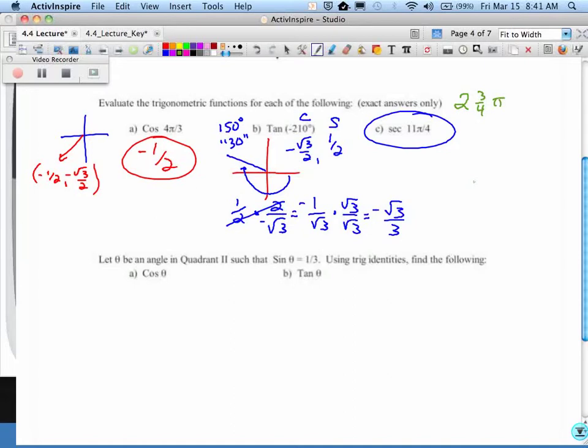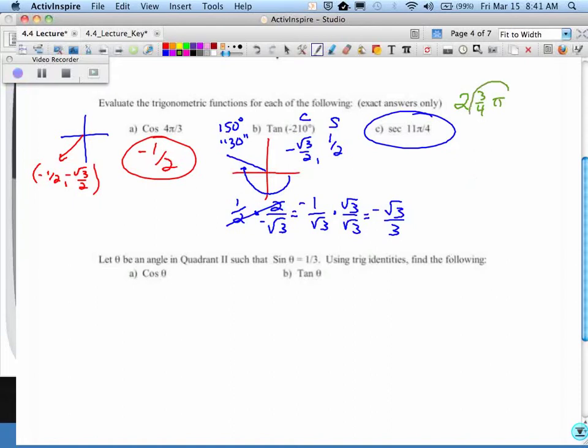That would burn up 8 of them, so there's a remainder of 3 left over. So I'm switching to the mixed number. The 2 pi tells me that it did go around once. So really, all we need to concentrate on is where's 3/4 pi? Second quadrant, right about there, right?